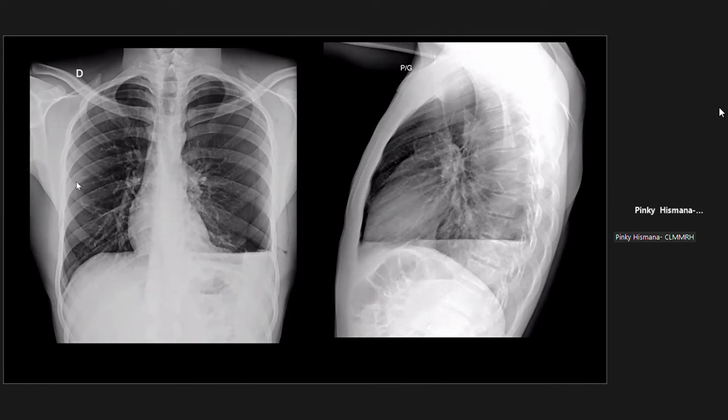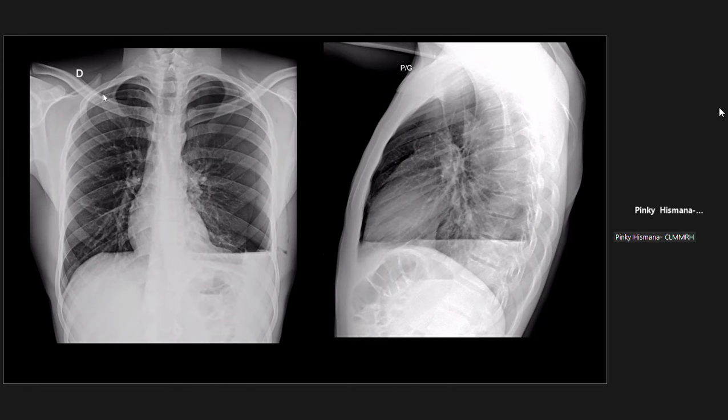So this one is your right lung, okay? This one is your left lung, okay? Which do you think has a problem? Your right or your left lung? The right hemithorax, is it normal?